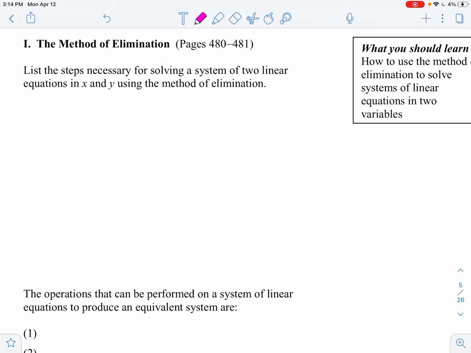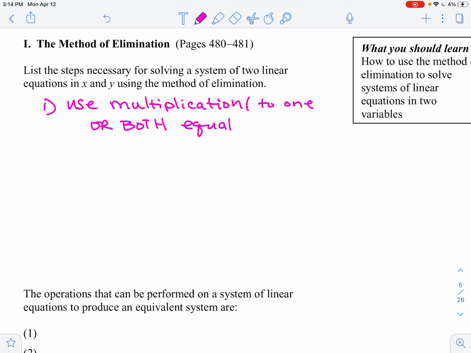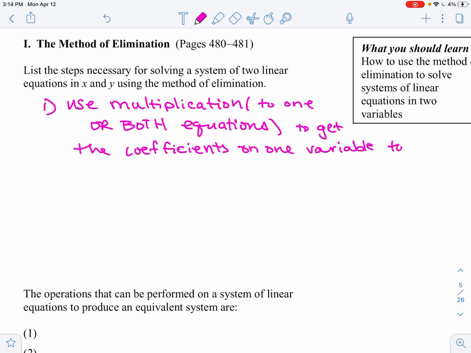Step number 1, we're going to use multiplication on one or both equations to get the coefficients on one variable to be opposite.